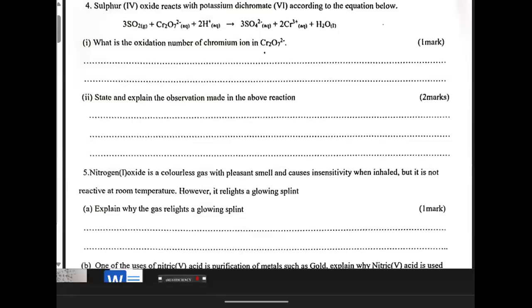The hydrogen ion is showing that the dichromate 6 has been acidified. And the reason for acidifying this oxidizing agent is to ensure that there is complete reduction from potassium dichromate 6, Cr2O7, to chromium 3 ions.